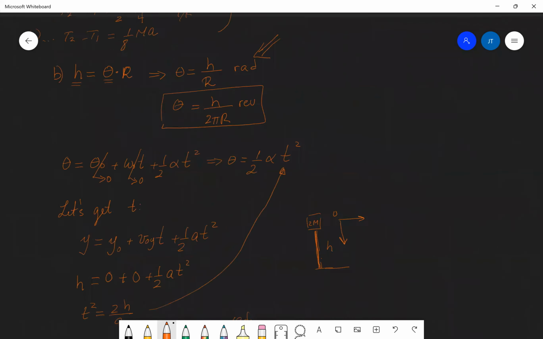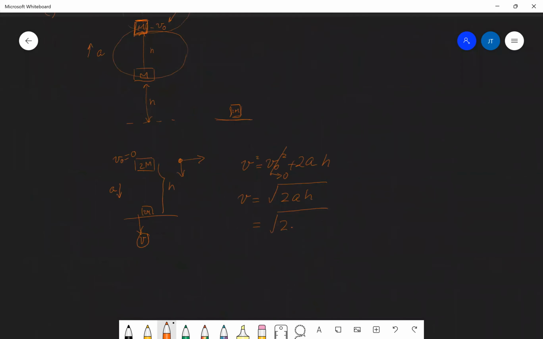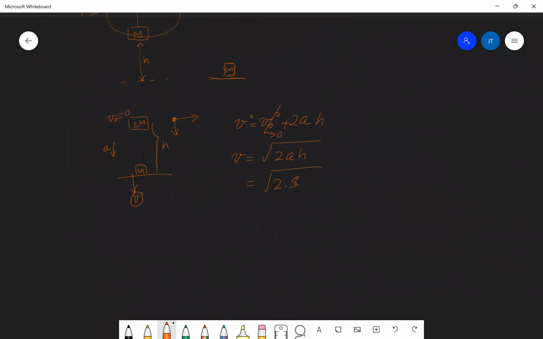A was 8 over 25 g, times h. So 2 times 8 is 16 over 25. Both of those come out of the square root as 4/5 square root of gh. So this is the velocity.